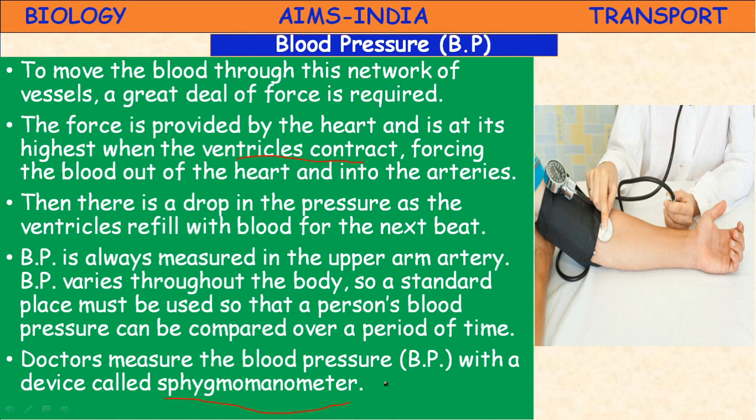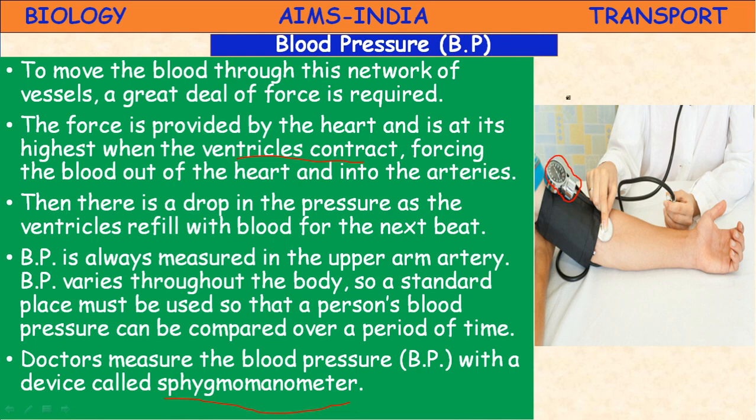They hear the sound and the movement of the blood, and a reading is seen on the screen, like a digital watch. You can observe here. They will see the average reading.